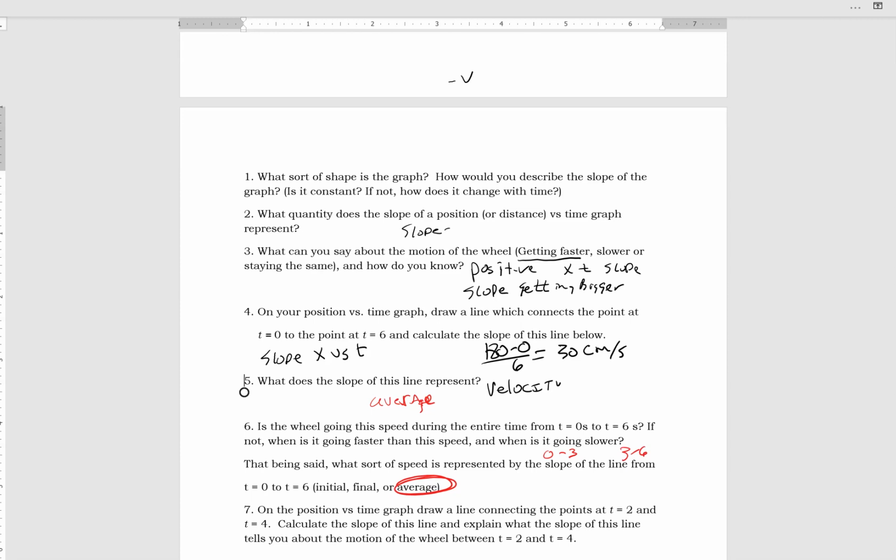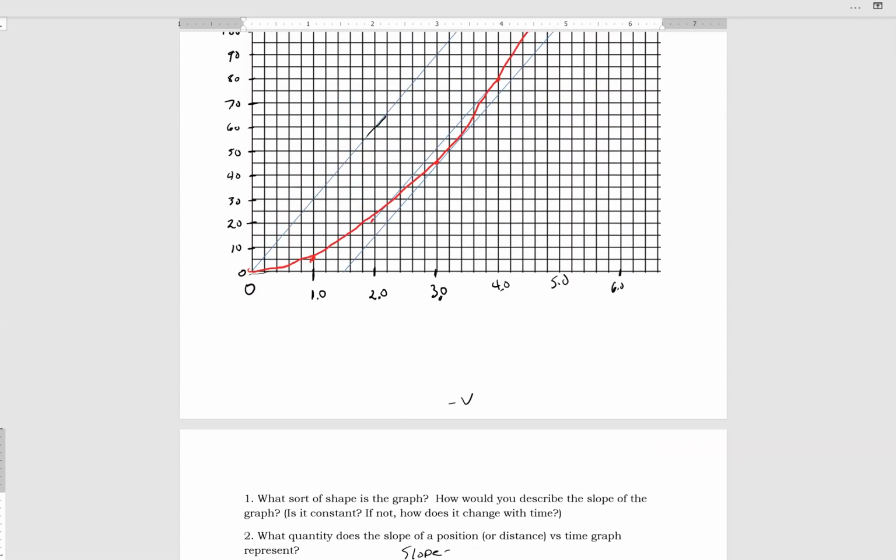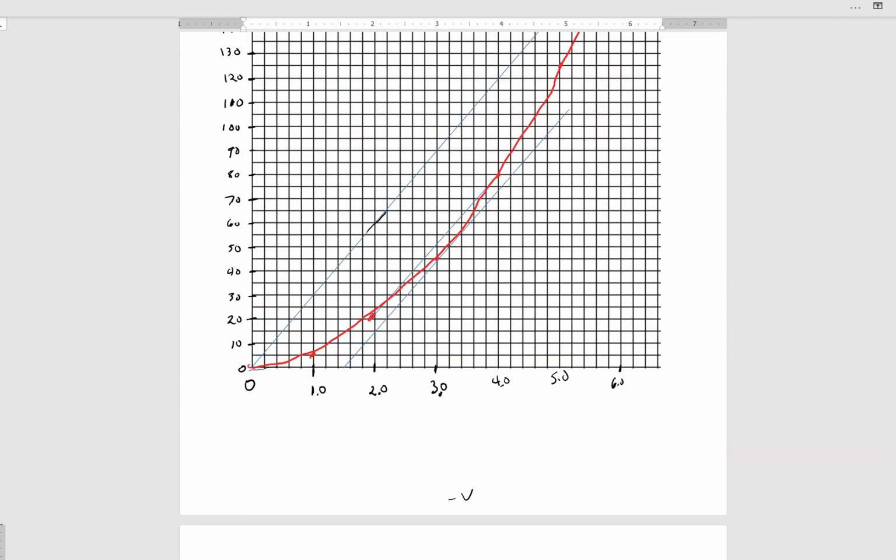Right, so now I want to go back and look at a line that's drawn between t equal 2 and t equal 4. I already had that line on there, so regardless of what my curve looks like now, before when it looked all perfect, we should see that this line and this line have basically the same slope. They're parallel to each other. This is from 2 to 4. This one was from 0 to 6.